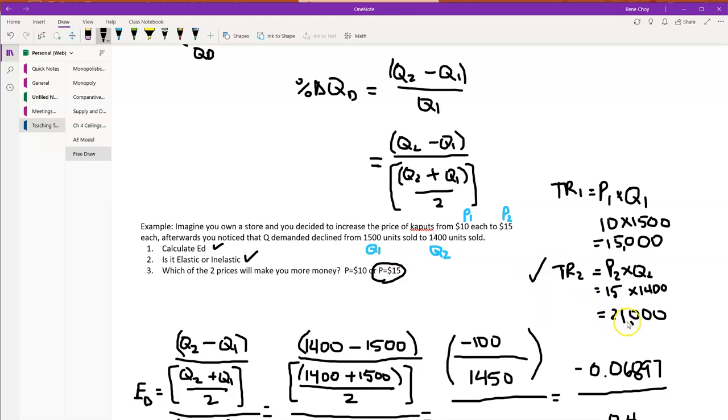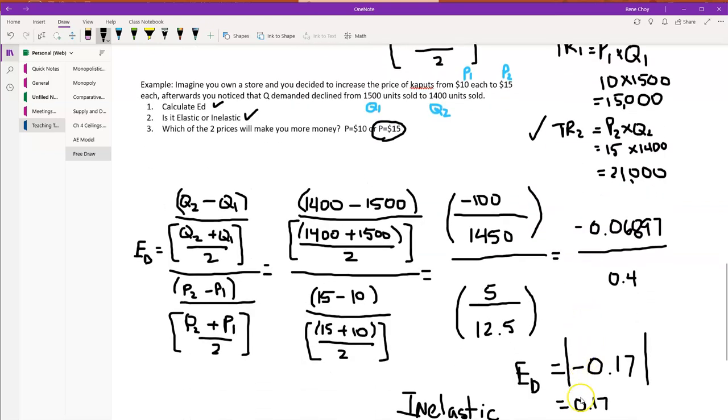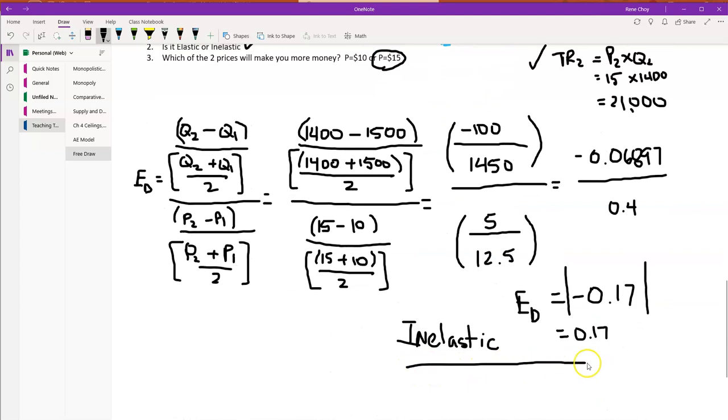Now, why is this so? Why is it that if the price went up, I actually make more money? Well, that has to do with the fact that the product that I'm selling is inelastic. So inelastic products should never go on sale, because inelastic products don't move faster if the price goes down.